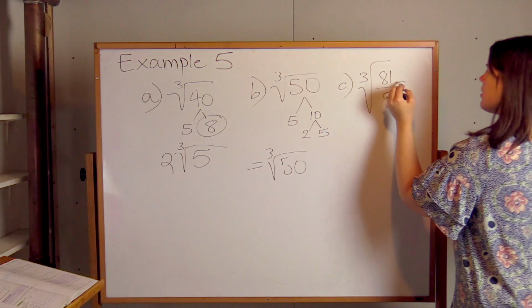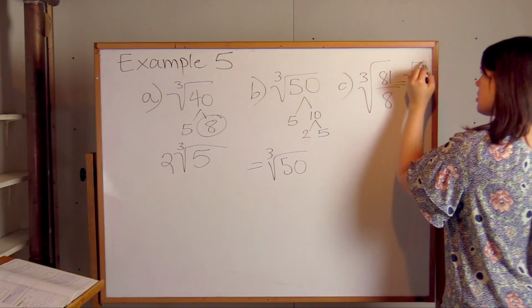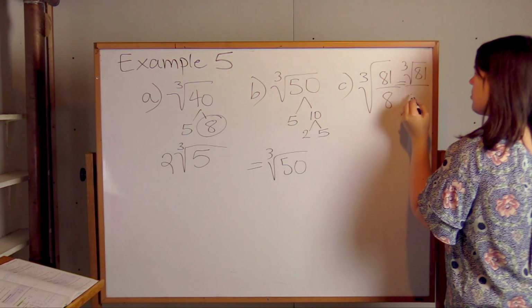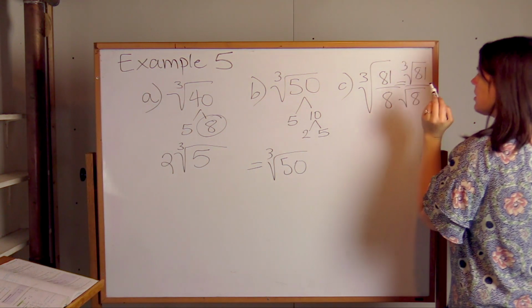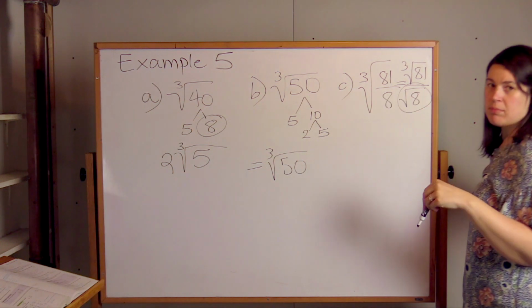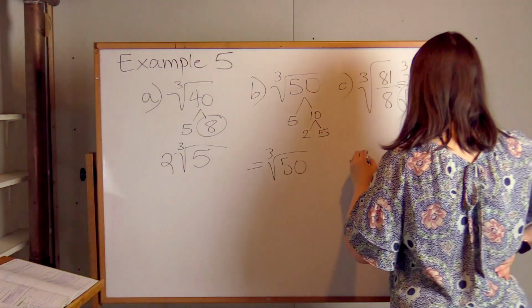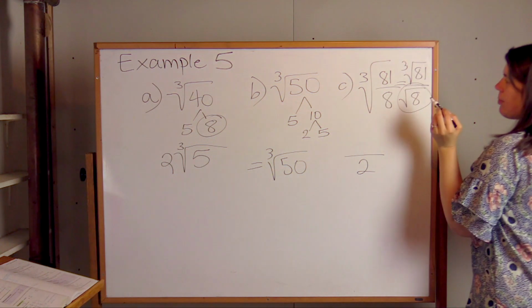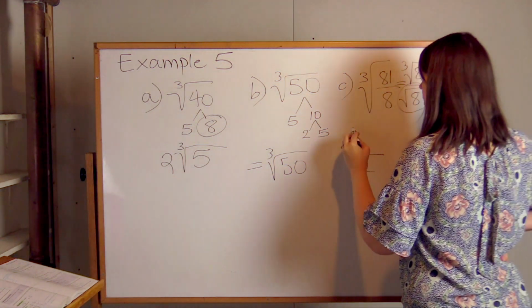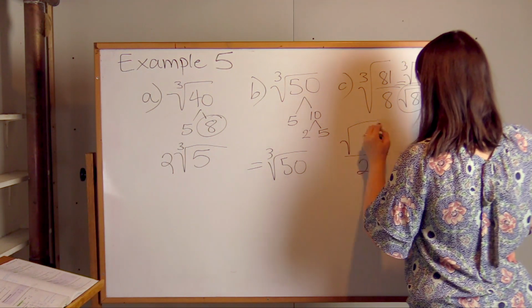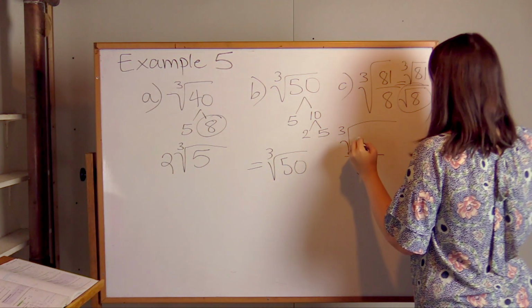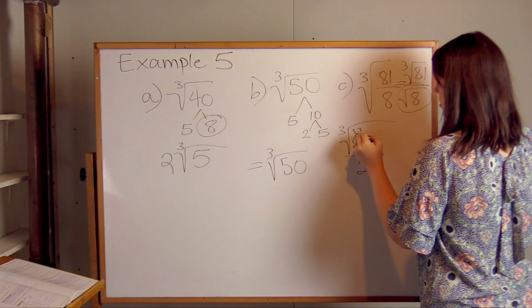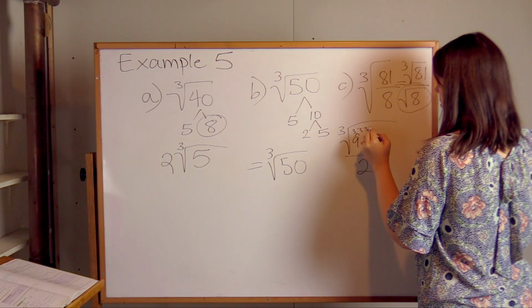All right, so I'm going to go ahead and change this up a little bit. I'm going to break it up into top and bottom, because one thing I do know is at the bottom, I could take the cubic root of 8. So on the bottom, I know I'm going to have 2. Now for the top, 81. I know that 81 is 9 times 9, and that's 3 times 3, actually I should do it this way, 3 times 3.